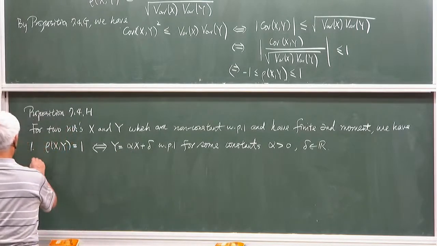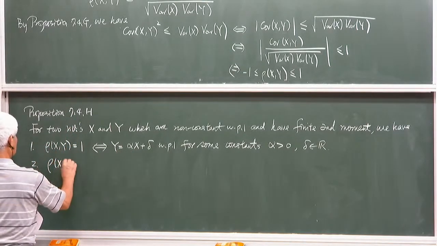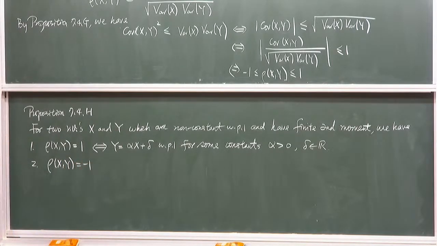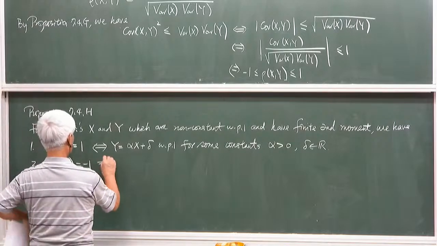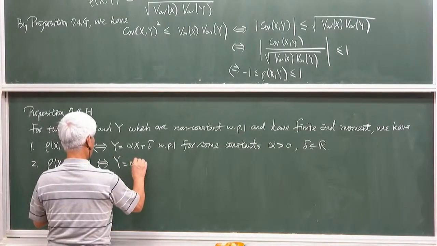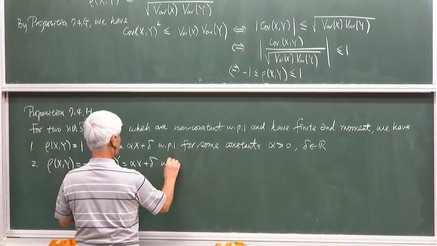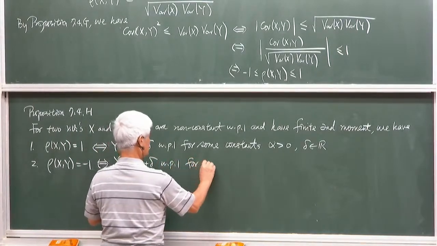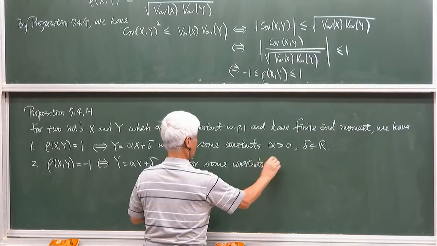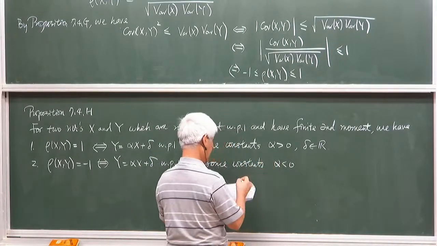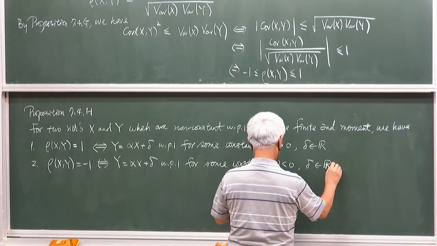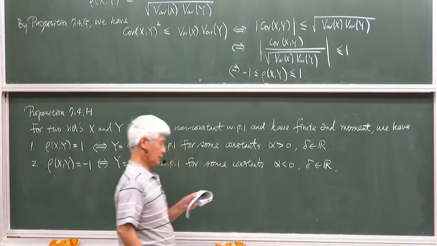Second, if the correlation coefficient is -1, then if and only if Y is equal to alpha X plus delta with probability 1 for some constants alpha, which is negative, but delta can be an arbitrary real number.